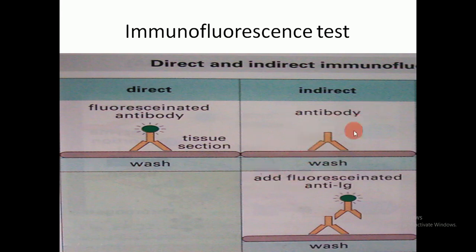then we add patient serum that contains antibodies for the nucleus, for example for detection of anti-nuclear antibody, and then add the patient serum that contains antibody against the tissue, and then add the conjugate, which is the antibody labeled with fluorescent.